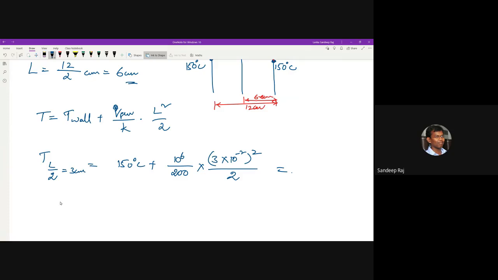What is the value? Yes, somebody please respond and tell me what is the value of this one. 240? 240, sir.